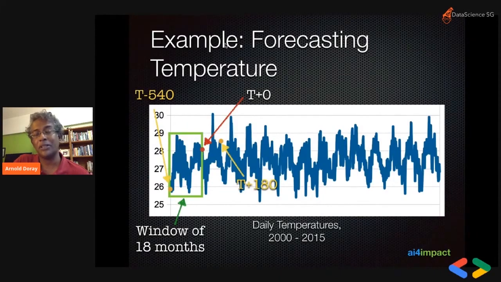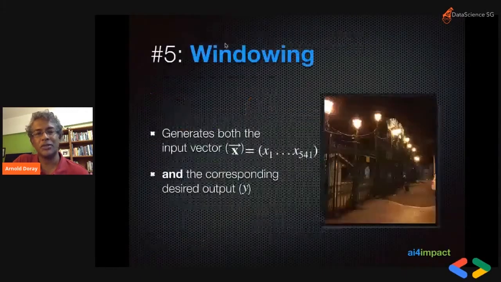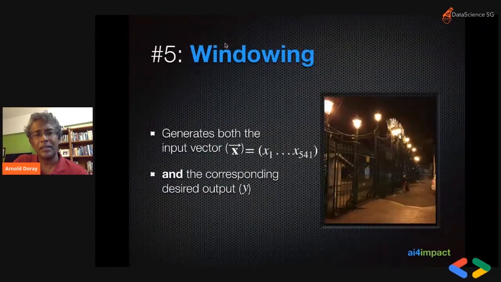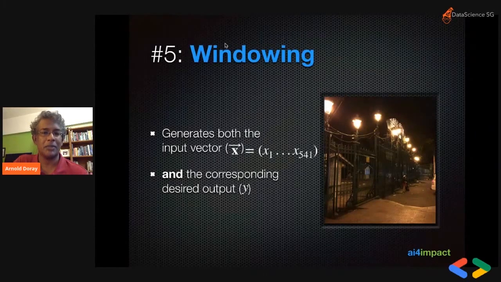You could have multiple inputs and multiple different data sources, but you're still forecasting just one thing. The idea is that I move this window forward in time to generate all my training and testing data sets. So windowing generates the input vector and also the desired output.